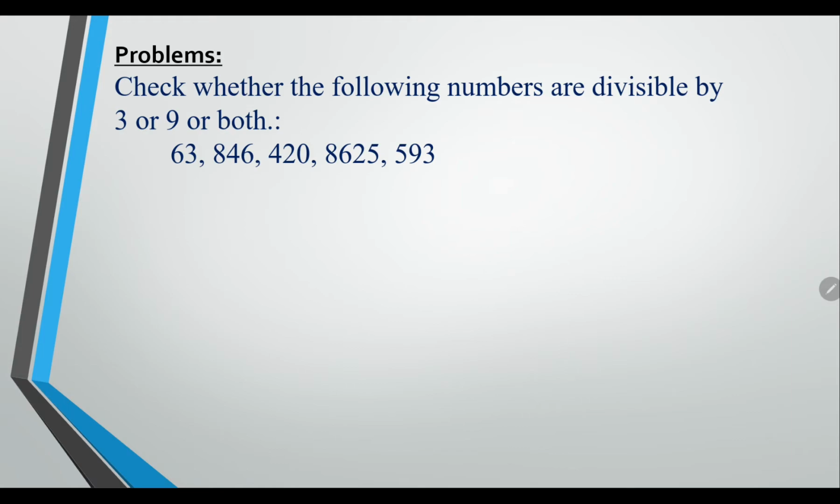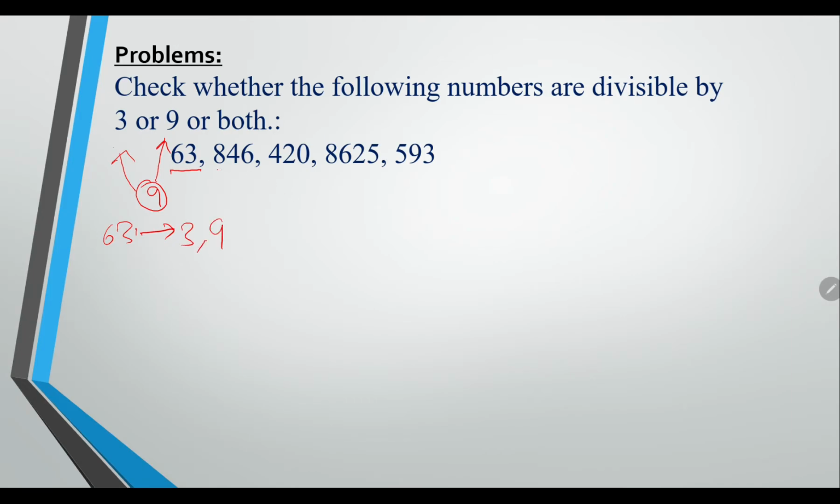Check whether the following numbers are divisible by 3 or 9 or both. Let's consider the first number, that is 63. We know that the sum of its digits is 9. 9 is divisible by 3 as well as 9. So therefore 63 is divisible by 3 as well as 9.